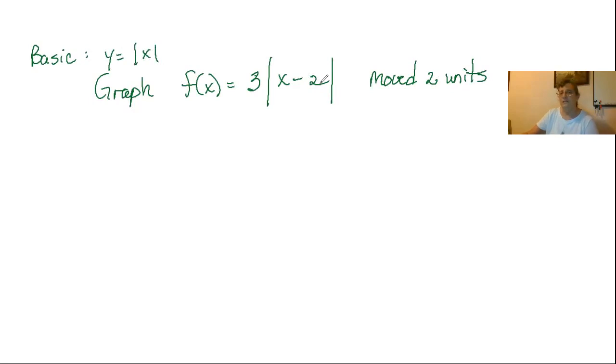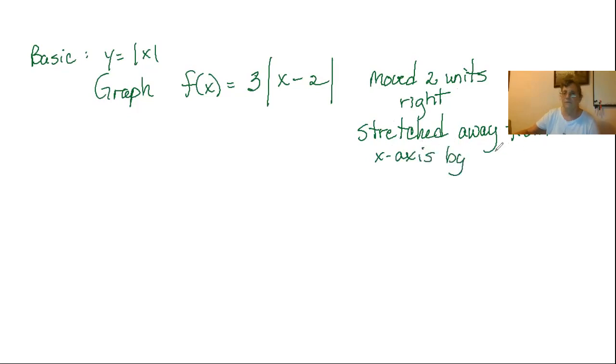So the 2 is on the inside, it's going to be backwards and horizontal. So it's 2 units to the right. And the 3 is on the outside. So it's stretched vertically away from the x-axis by a factor of 3.